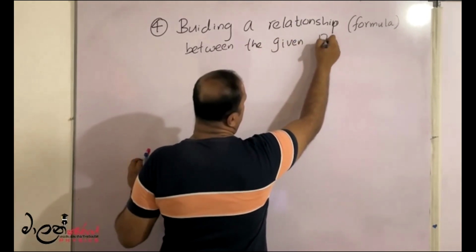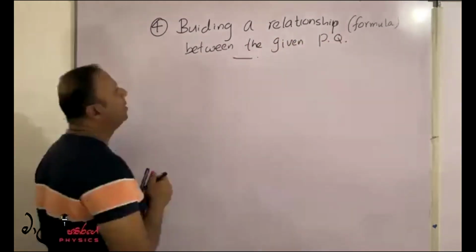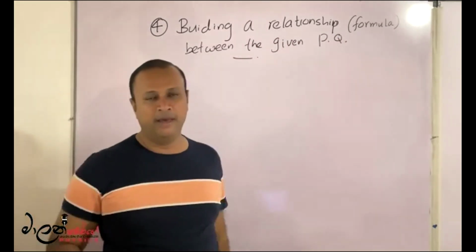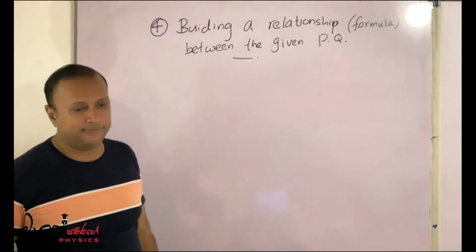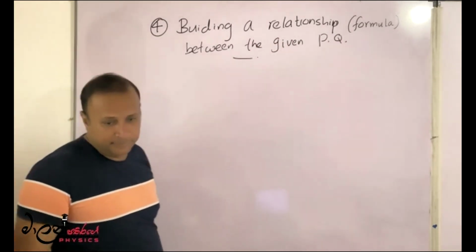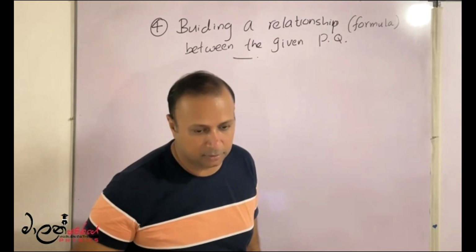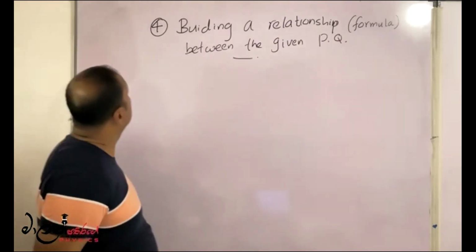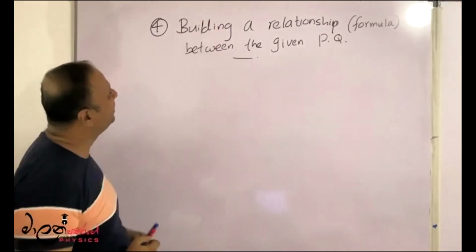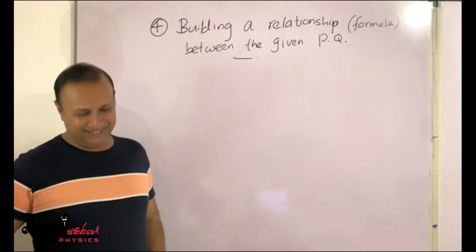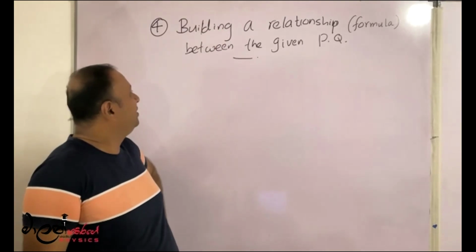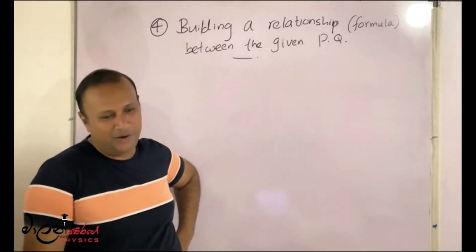Building a relationship, within brackets formula. In this case, I'm talking about a formula between the given physical quantities. Sorry, building, L is missing. Thank you. Building a relationship between the given physical quantities.